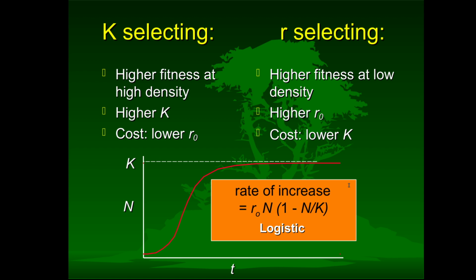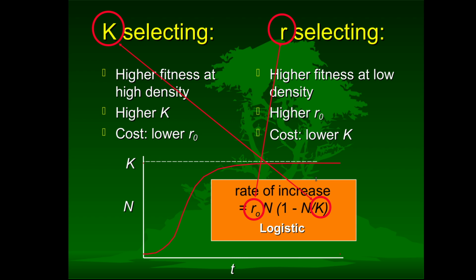In environments where populations tend to remain below their carrying capacity, you'll best increase fitness by increasing R0. And those are the R-selecting species. In environments where the population is always close to carrying capacity, the choice is to increase competitive ability, thereby increasing K. So we have evolution either towards R-selected species or to K-selected species, depending on the environment.